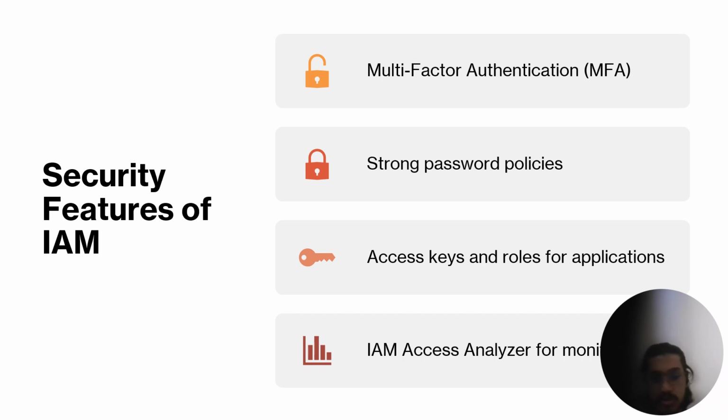You can also enforce strong password rules, like 12 characters with uppercase, lowercase, special characters, and numbers, and use roles instead of long-term credentials for EC2 or Lambda. The IAM Access Analyzer helps identify overly permissive policies so you can fix them before they become a problem. So these are some of the security features that come with AWS IAM.